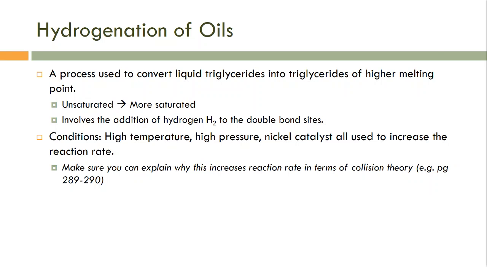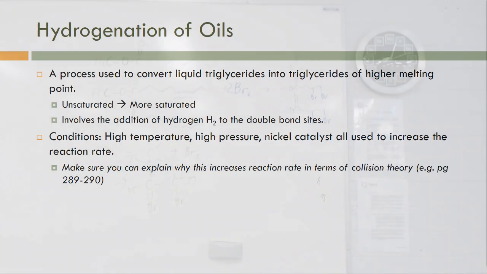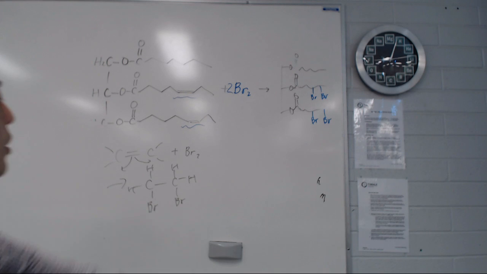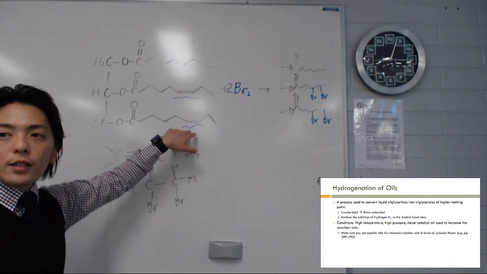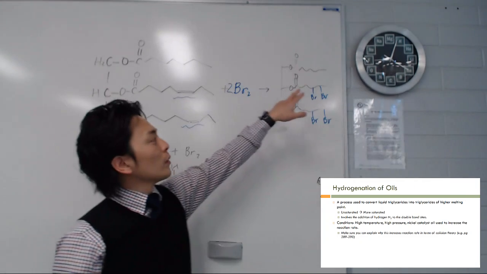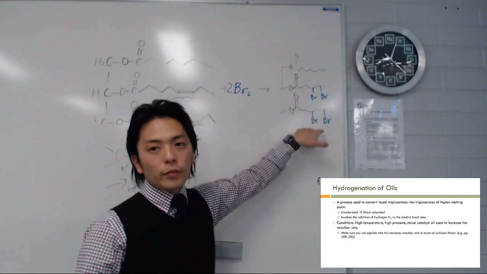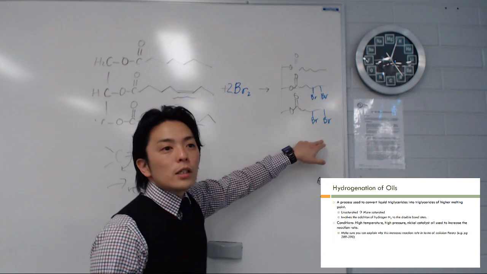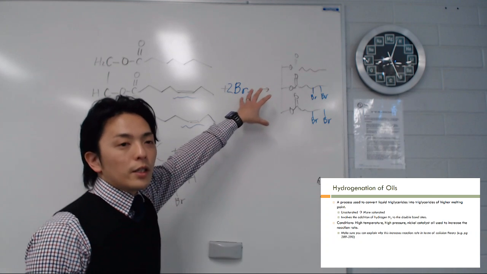We just used bromine, same reaction, but instead of using Br2, you could use H2. What would that mean? In this case, to find the degree of unsaturation, you added Br2, and by letting the color of bromine disappear, you could figure out the unsaturation degree.